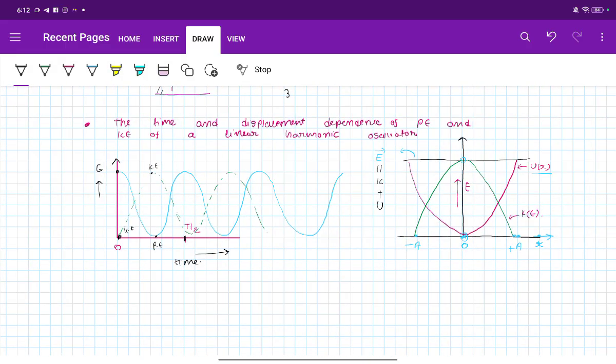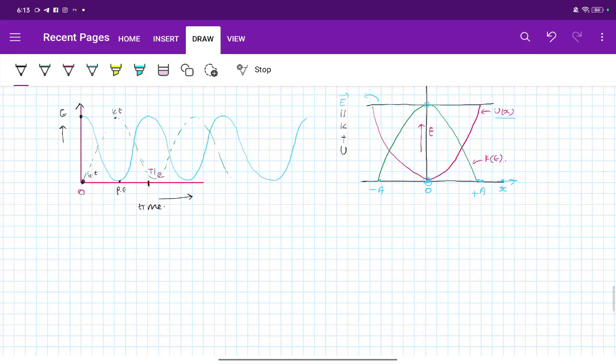So kinetic energy, potential energy and total energy as a function of time, as you can see, and as a function of displacement, as you can see in figure B; this is figure A. The kinetic energy and potential energy both repeat after T by 2, and the total energy remains constant at all time and place.